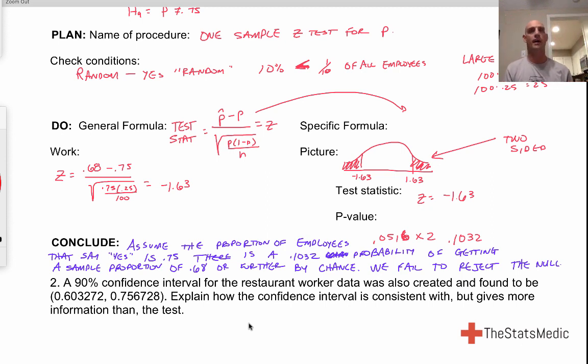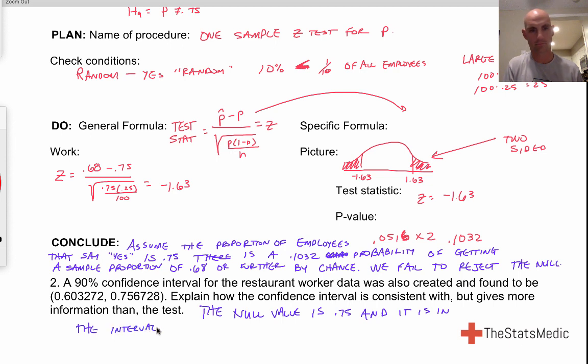And so we can look at other values and say, are they close? Would they fit in that 90%? So what do we say? The null value is 0.75, and it is in the interval. So it's plausible.